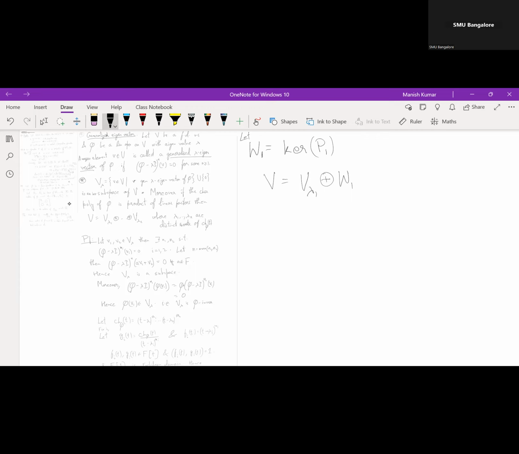Okay, why is W1 a phi invariant subspace? Any guesses how you can think of W1 as a phi invariant subspace?